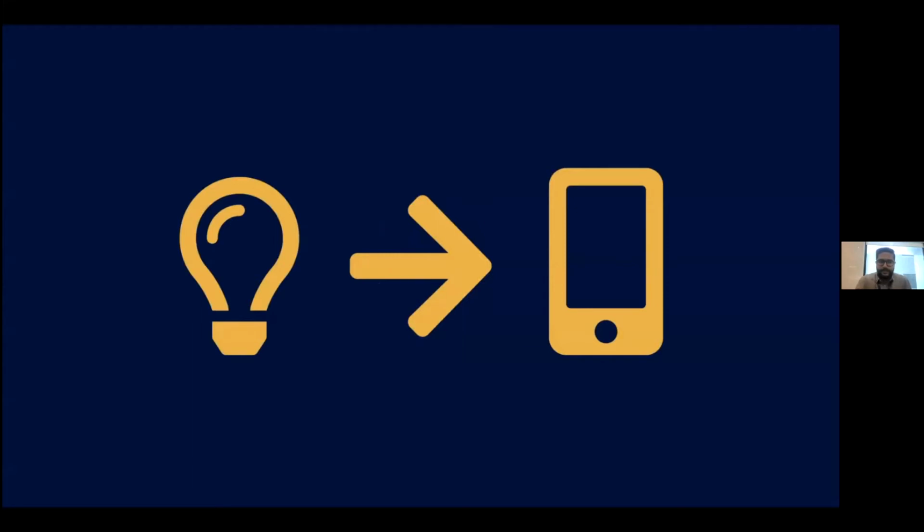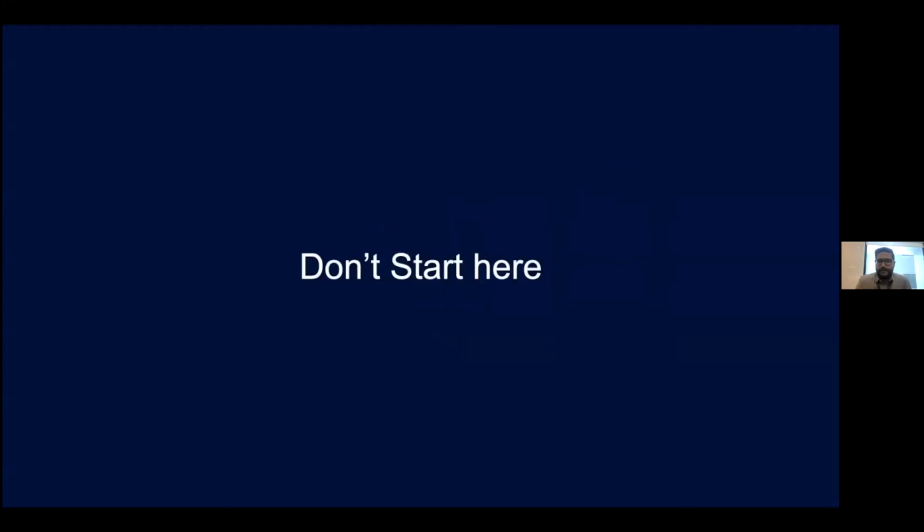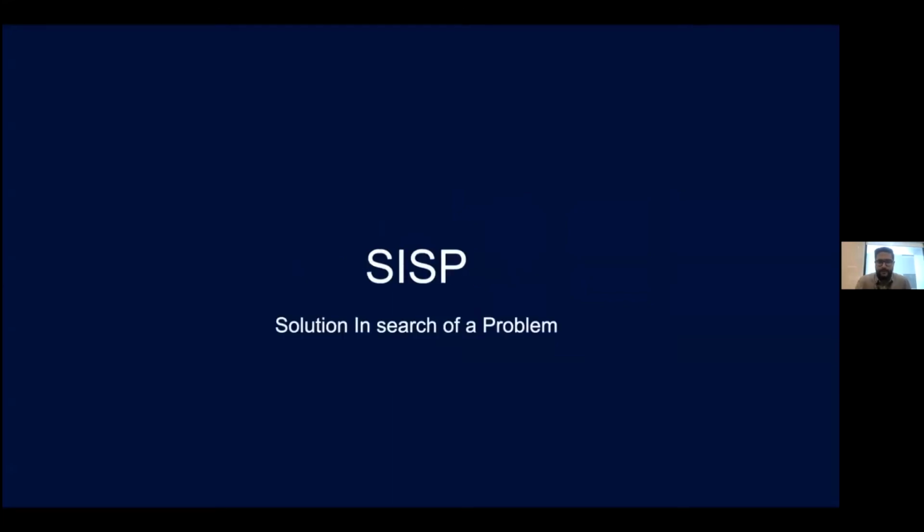So before we start, we need to check what are the things that we need to think about before even starting developing our mobile app. So most of you here or some of you here are technical or learning some new technologies.